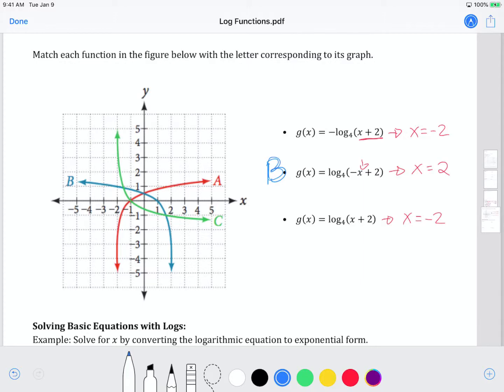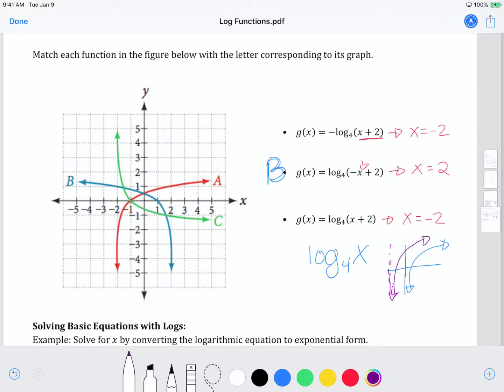So typically, if we have log base 4 of x before any shifting, that's just going to be an increasing log function with a vertical asymptote at 0. When we shift it and add that +2 in there, that's when it shifts it to the left. So now it looks like this instead.